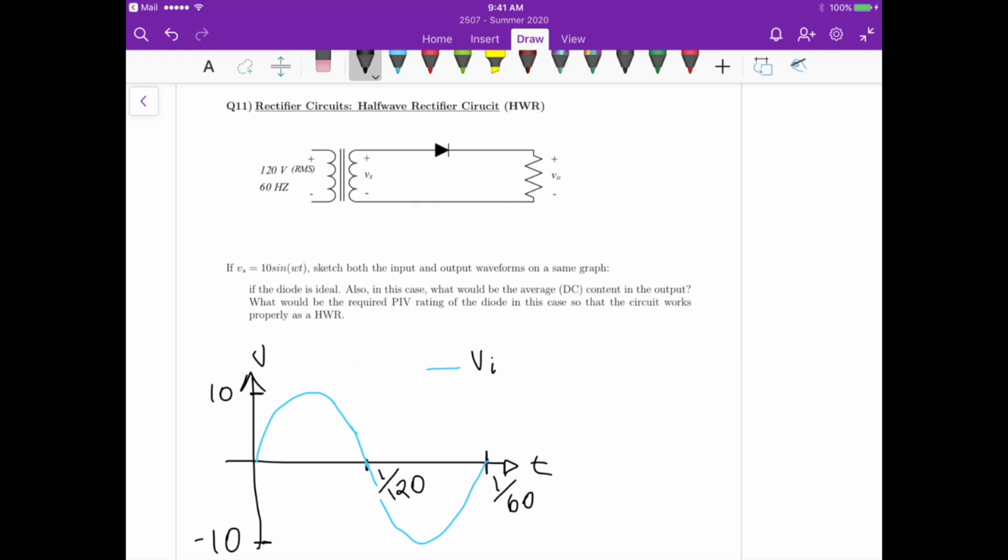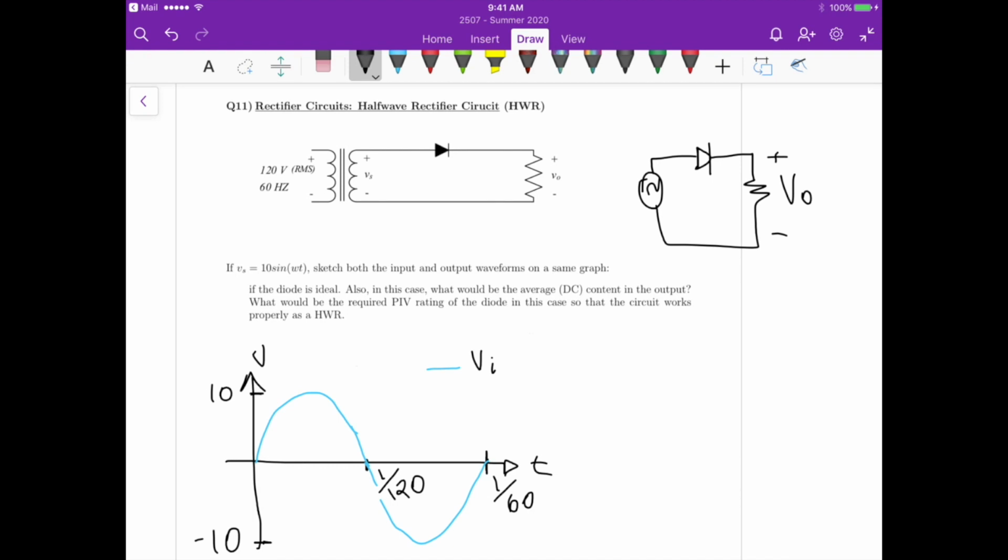Now, the half-wave rectifier corresponds to a circuit that is just a voltage source, a sinusoid. Then we have the diode here, and then we have our load here, and we are measuring the voltage across the load.